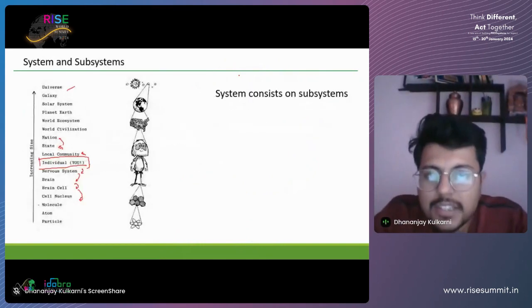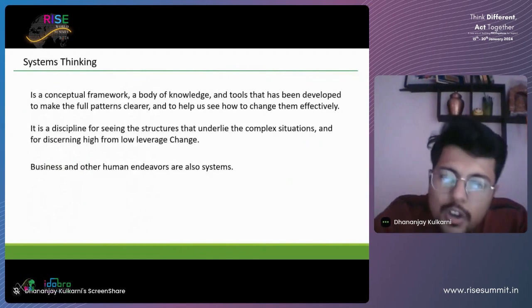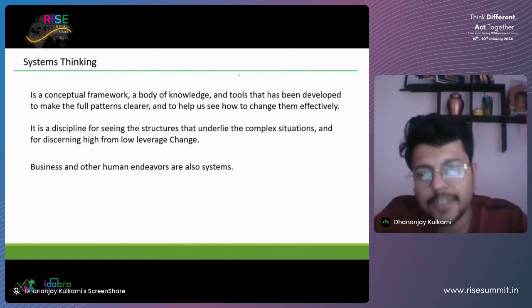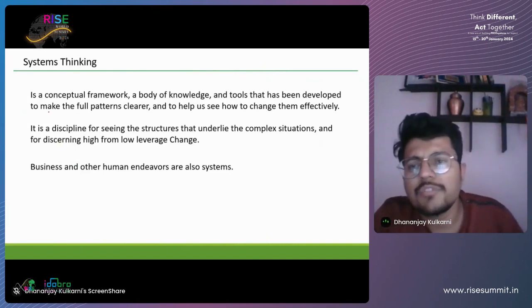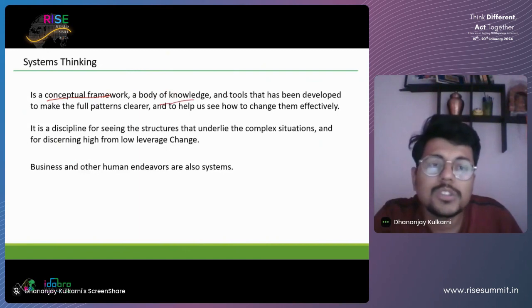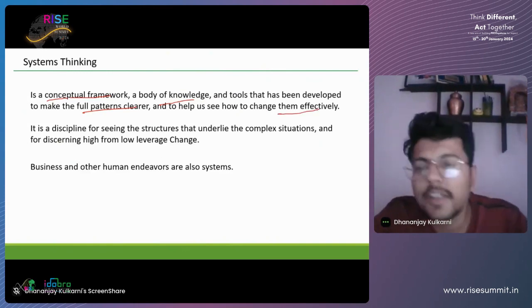So we have seen system and subsystem. Let's talk about systems thinking. I have given two definitions over here. We can call it a conceptual framework, or a body of knowledge or tools that has been developed to make full patterns clearer and to help us see how to change them effectively, right?